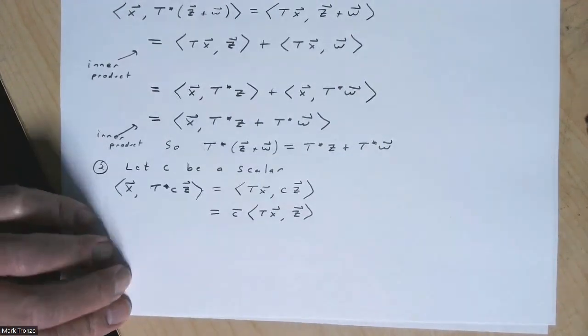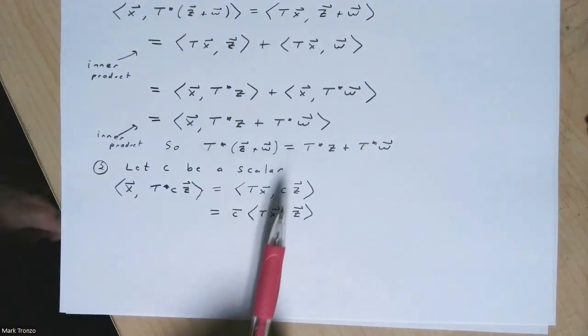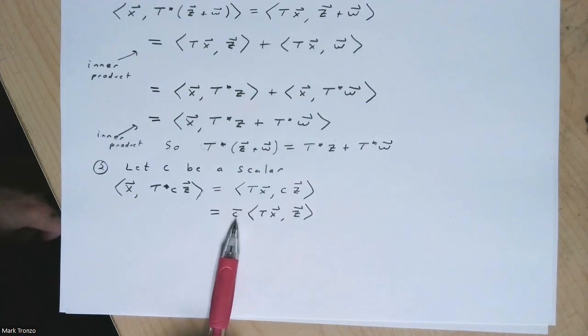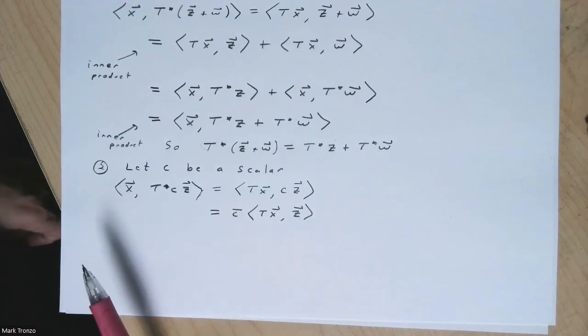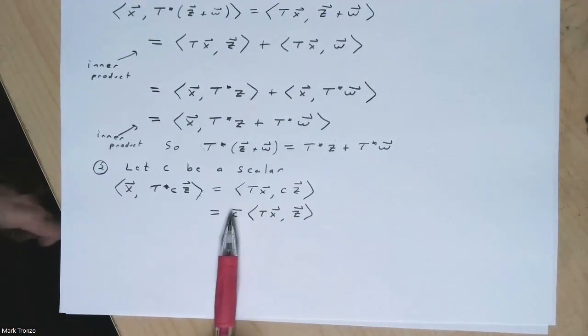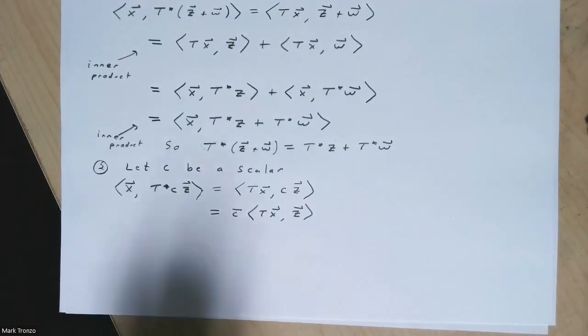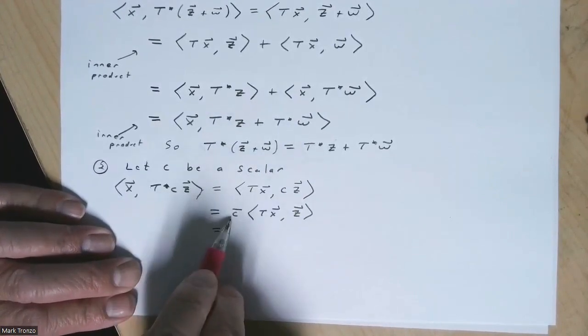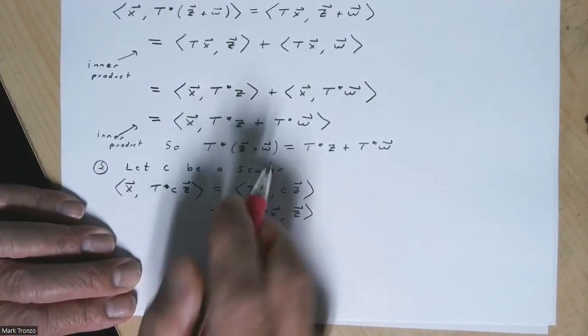So if we have a complex inner product, if we're taking something out of the second term, we have to put a conjugate sign on top of it. But if it's real numbers, that's just going to be c. And then, so this is, again, from the definition of the inner product.